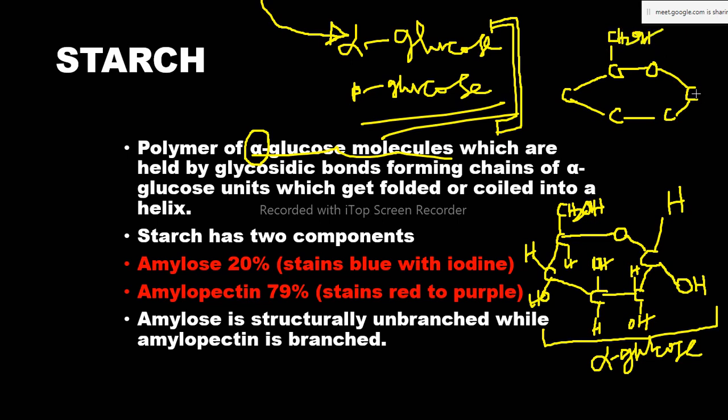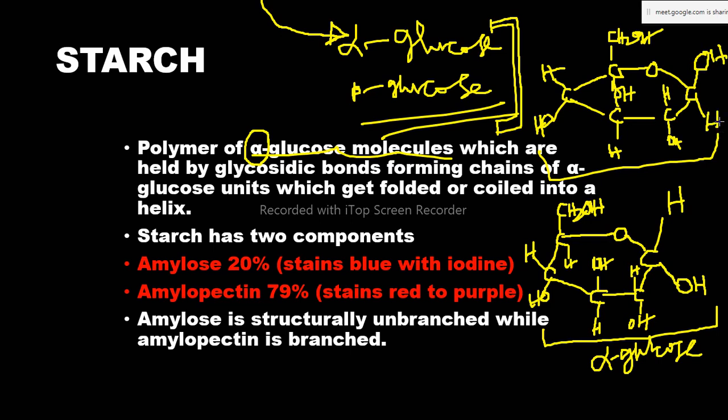Then you have the OH here and the H. The OH do alternate. You have the OH here, the H, and finally H. Now in beta glucose, the OH is oriented upwards on carbon number 1, and the H is oriented downwards. That is just the difference.